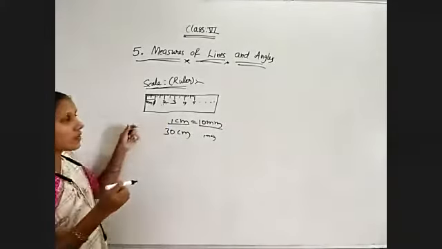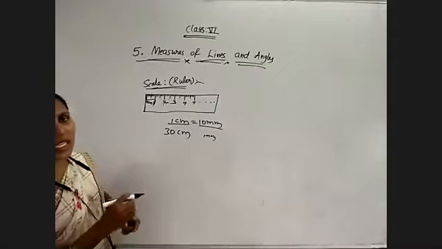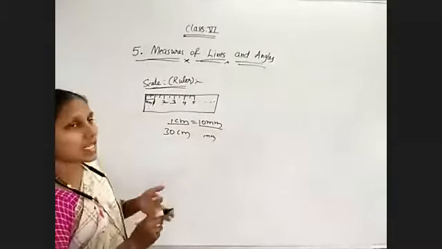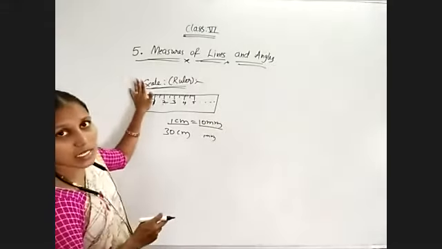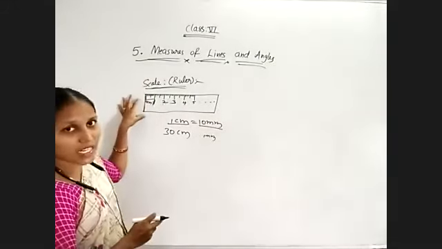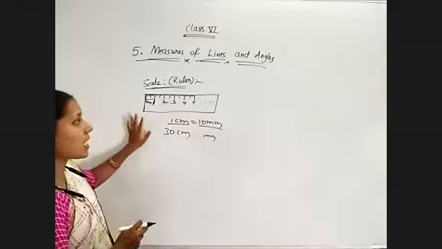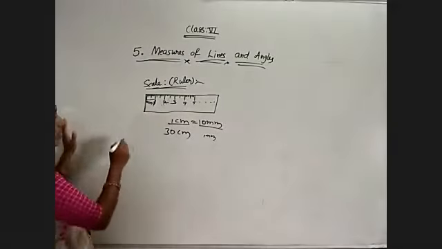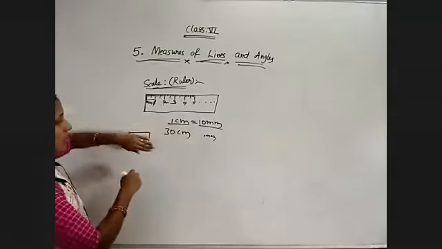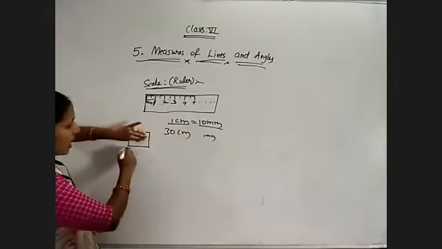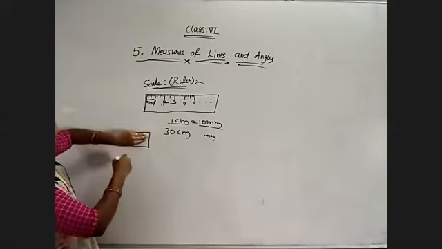Okay, this is our basic instrument which we use to construct lines, line segments, angles, anything. So the basic instrument is the scale. Without this we can't form any shape. Okay, but suppose I want to trace an eraser. The eraser is in this shape, yes or no? Tracing is nothing but keeping the eraser like this and taking its copy.